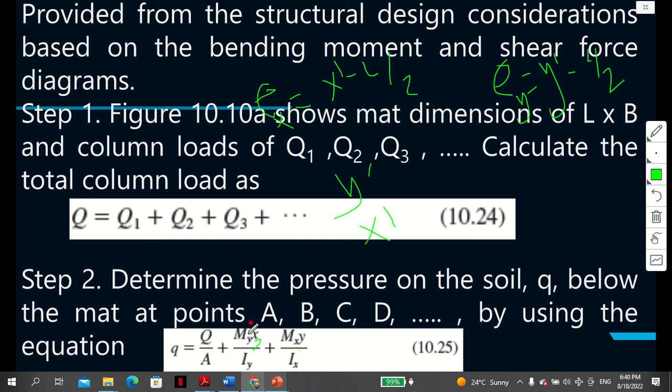So all these values will be Q Ex and Q Ey, and you should know that Iy is LB cubed over 12, but Ix is BL cubed over 12.